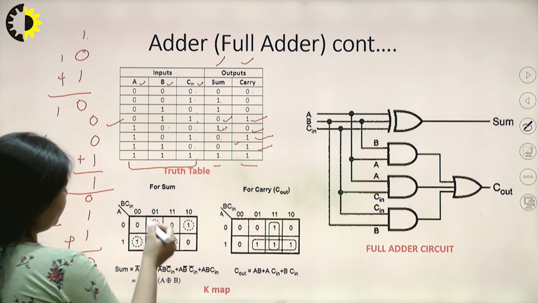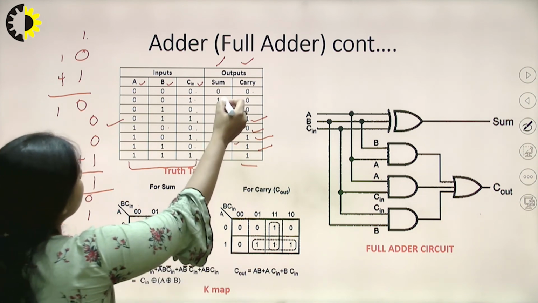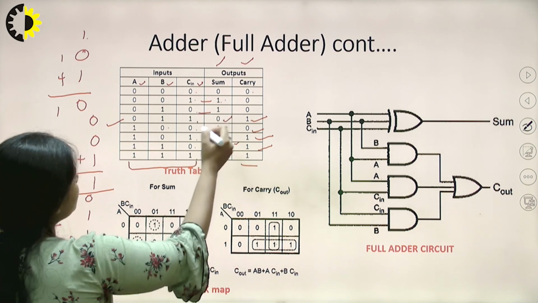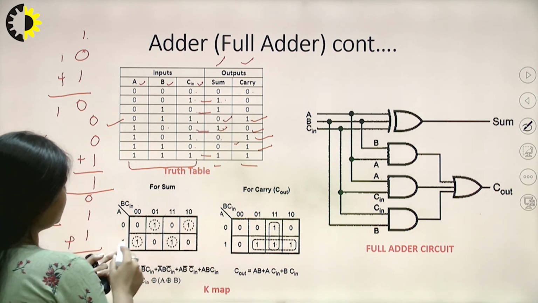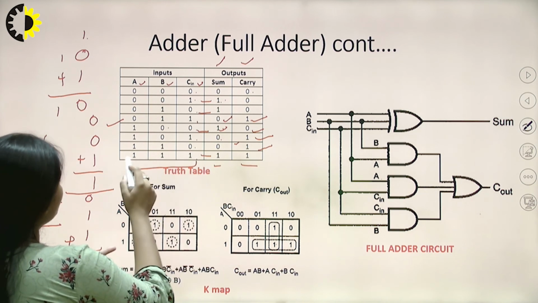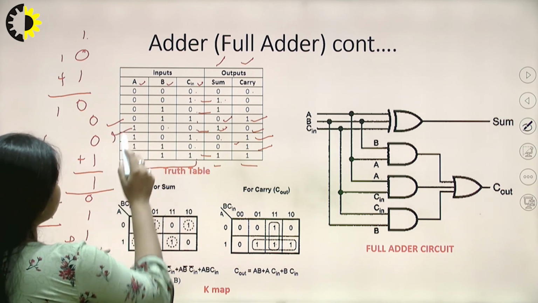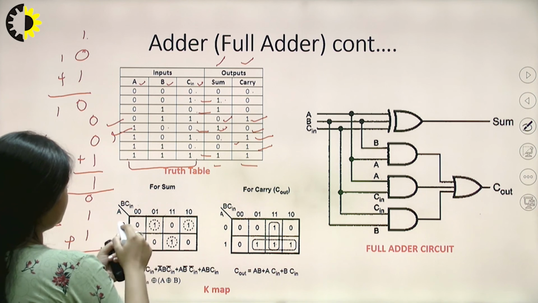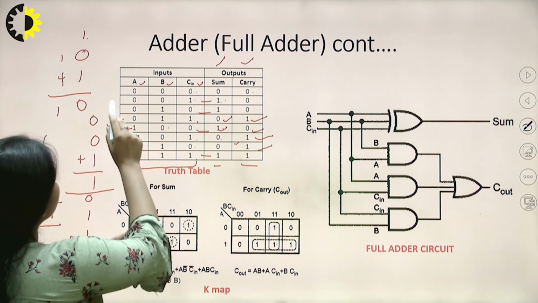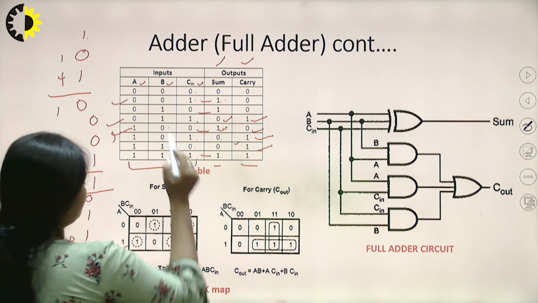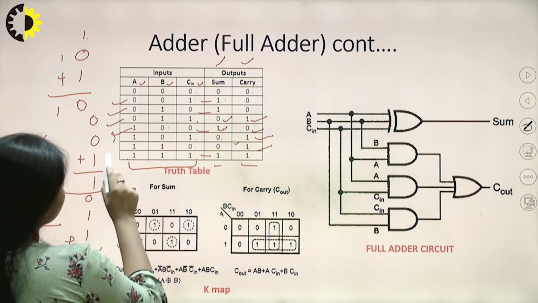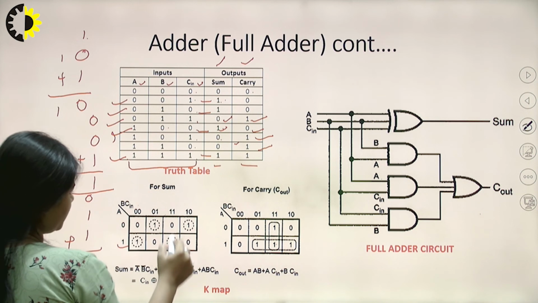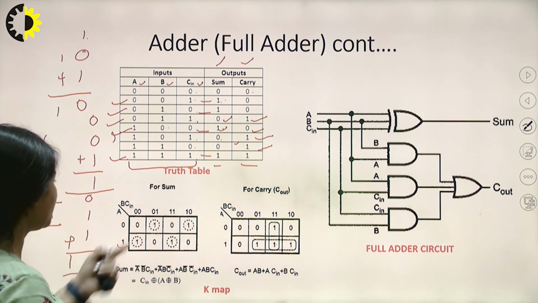We will write 1 at the place of 0 0 1, 0 1 0, 1 0 0, and triple 1, 1 1 1. These four 1s we have here.